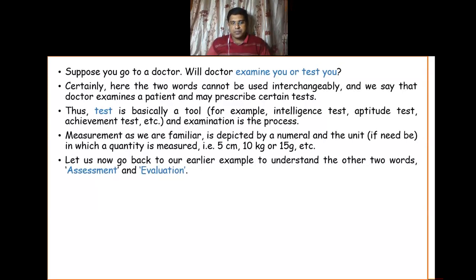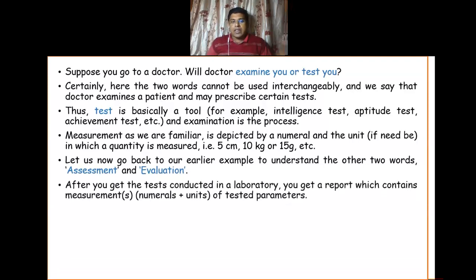Understood. Then when we go for assessment and evaluation, consider a test conducted by a laboratory. When your doctor examines you and gives a prescription for a test, you give your samples to the lab and get the reports. The report contains measurements of the tested parameters.